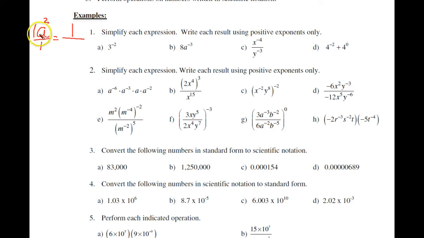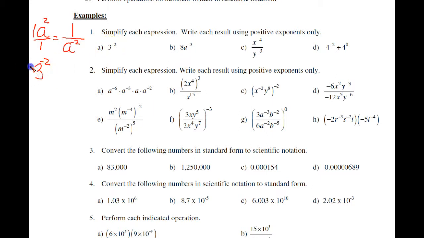Well, the rule is when you have a base with an exponent and you move the exponent across this fraction bar, the sign of the exponent changes. So this will become A to the negative 2. So what would 3 then to the negative 2 become, which is our first example?